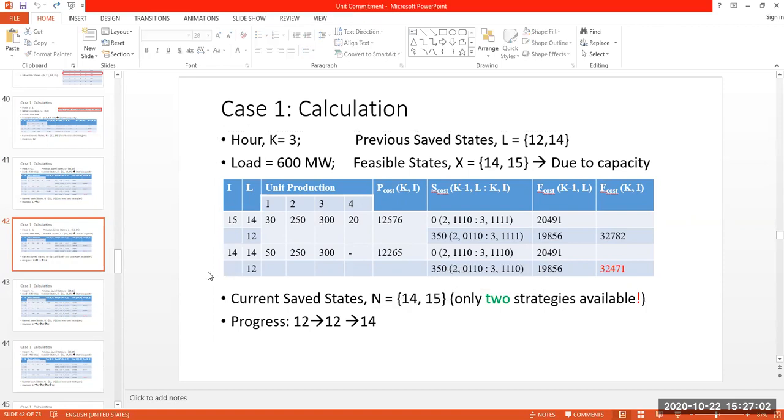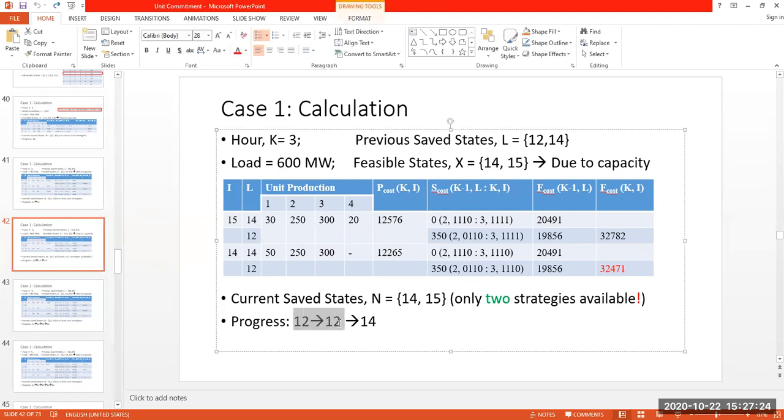At some point of your progress, probably you would reach a situation that if you only save the most optimal, then actually you are losing your strategies. You will see that at some point you have to shift from, let's say, 12. Although 12 is your most optimum solution up to hour 2, in hour 3 you can't stay at 12.